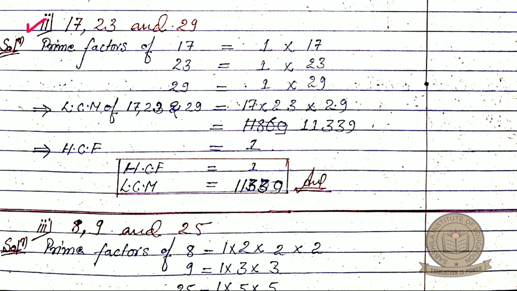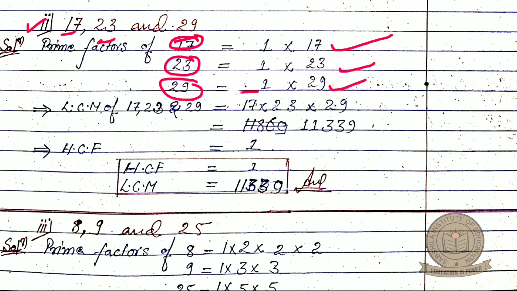That means you have to find out the factorization of 17, 23 and 29. Let's see 17, 23 and 29. You will see that 17 is a prime number, 23 is a prime number and 29 is also a prime number. So you know that we cannot find the prime factorization of any prime number.